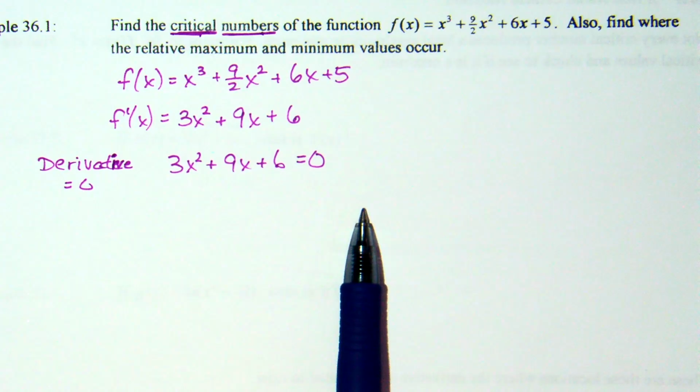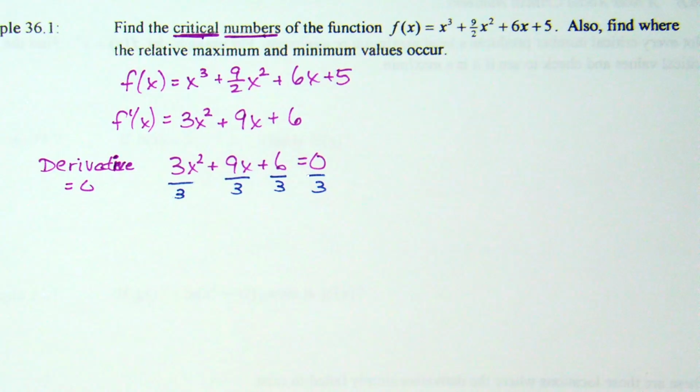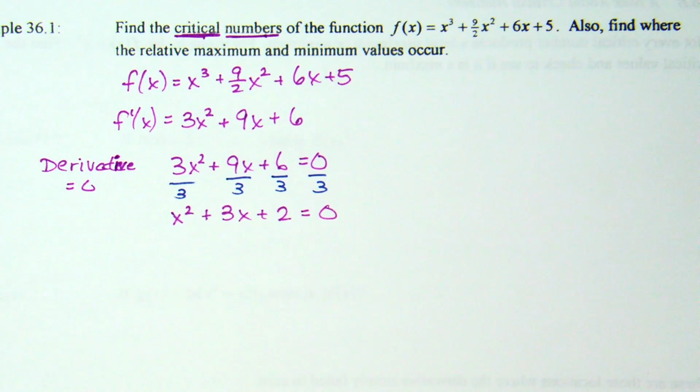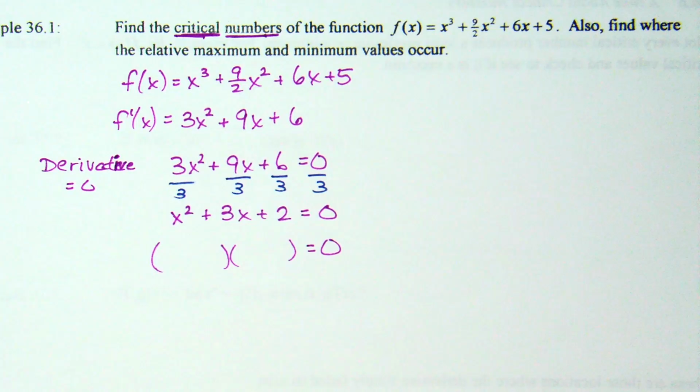You could factor it just the same, but because there are 2 sides to this equation, I can divide both sides by 3. So if I divide everything by 3, this becomes x squared plus 3x plus 2 equals 0 still. Good news? We can factor this, yes?